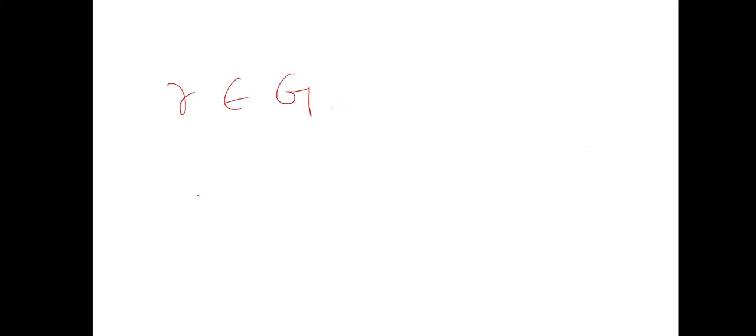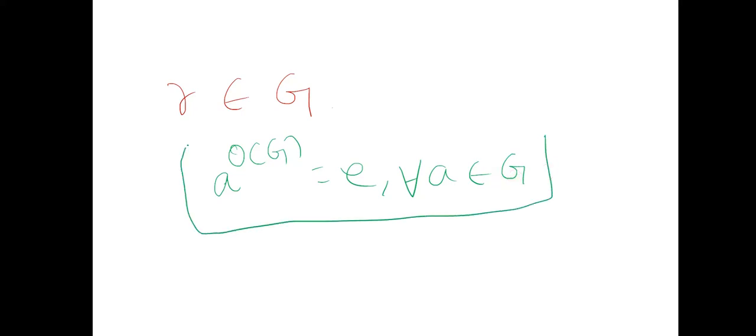And we also have one theorem that tells us that A to the power of order of G is equal to E, the identity, for every element of G. This is another statement that you have to remember.